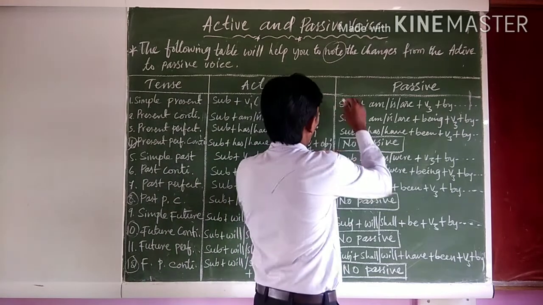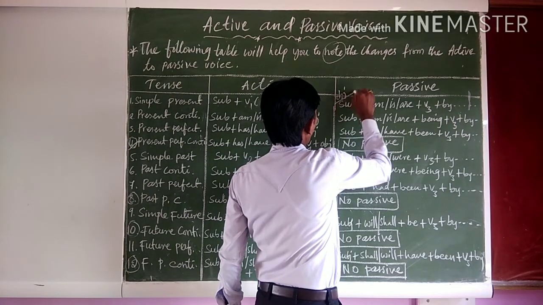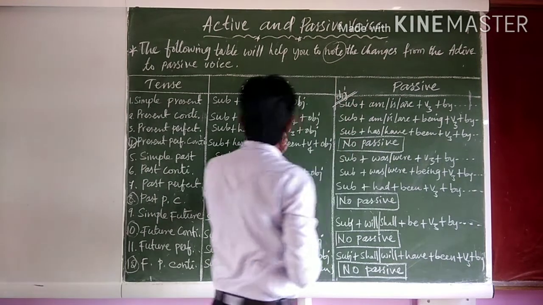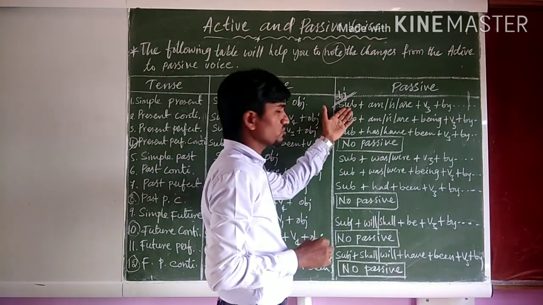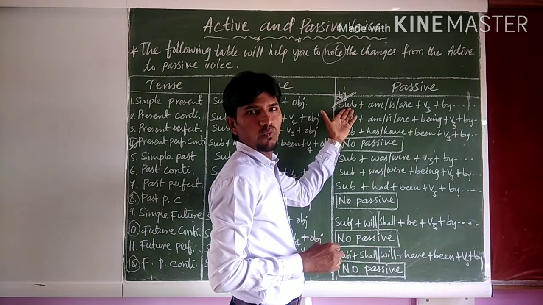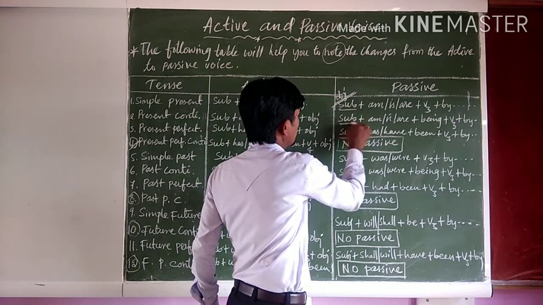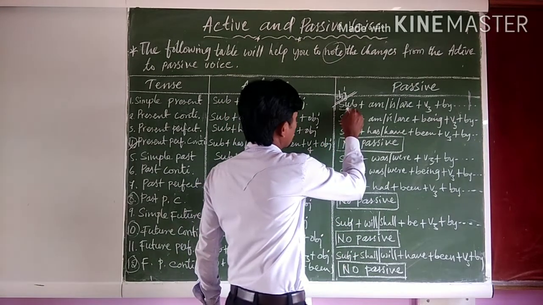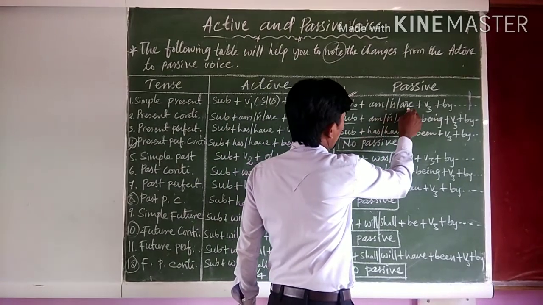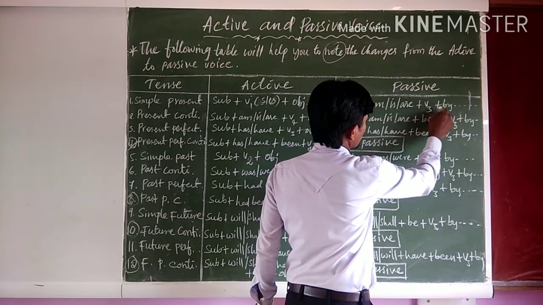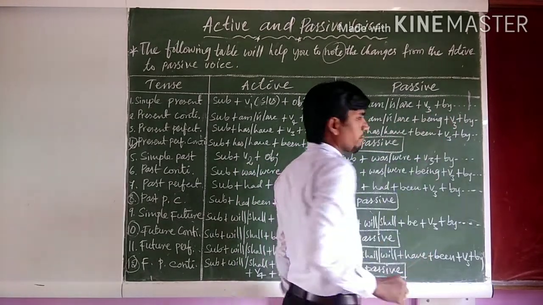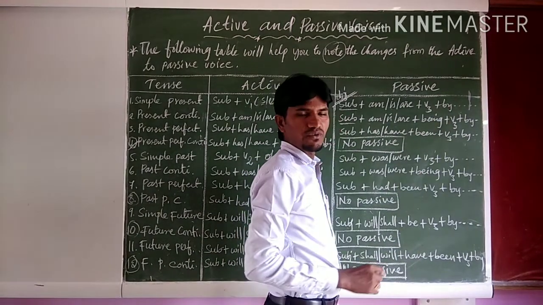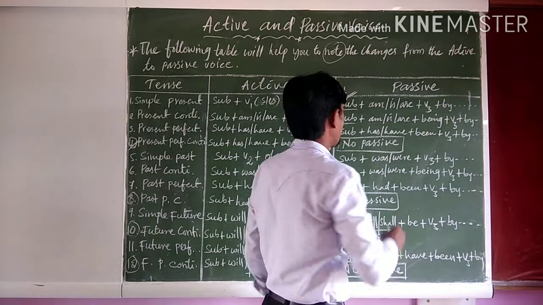A letter is the object. The object of the active voice becomes the subject of the passive voice. So the passive structure is subject plus am, is or are plus V3 plus by prepositional phrase.